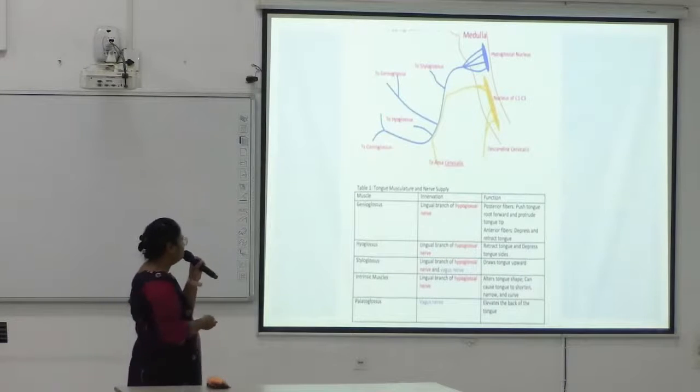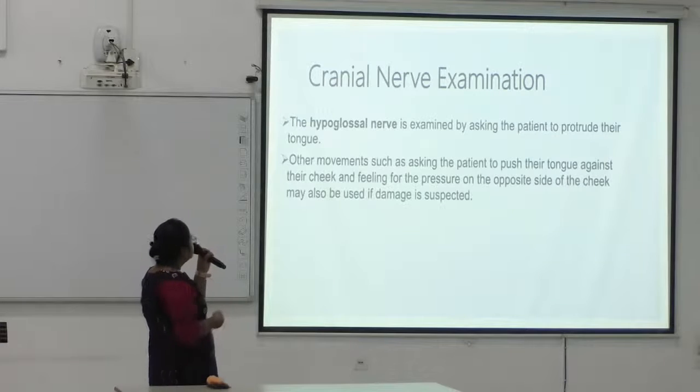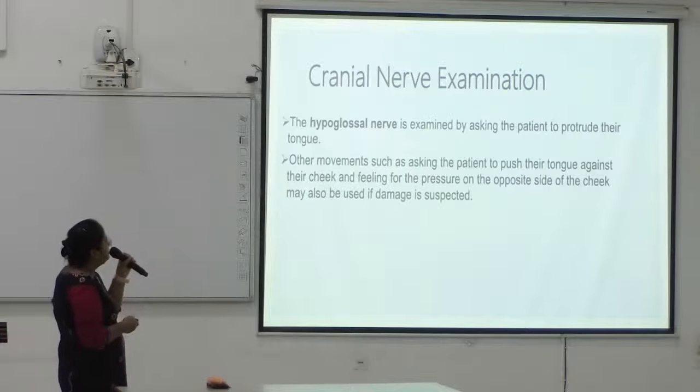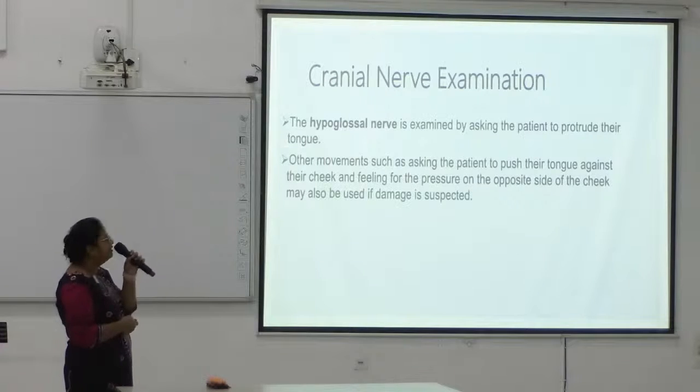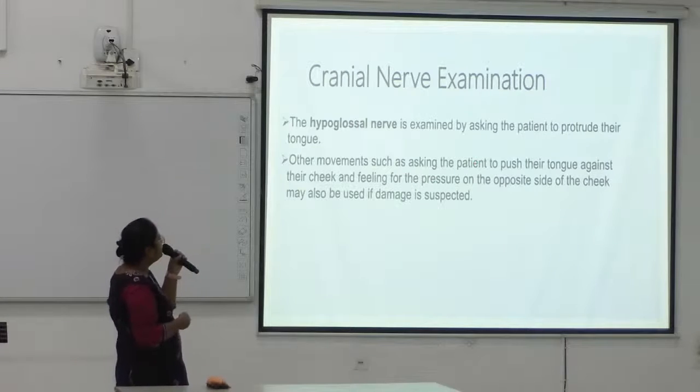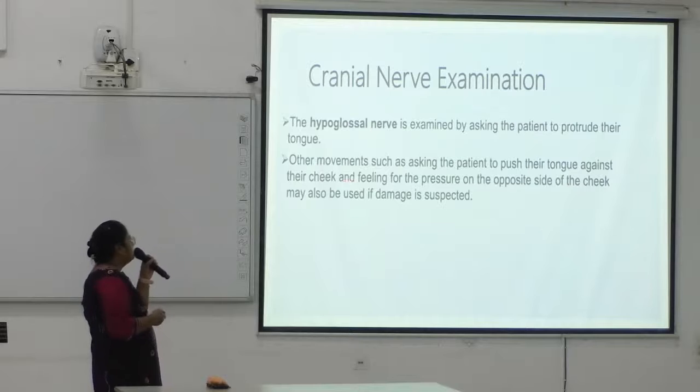Okay. So you examine the hypoglossal nerve. Other movements such as pushing the tongue against the cheek and feeling for the pressure from the opposite side of the cheek may also be used.